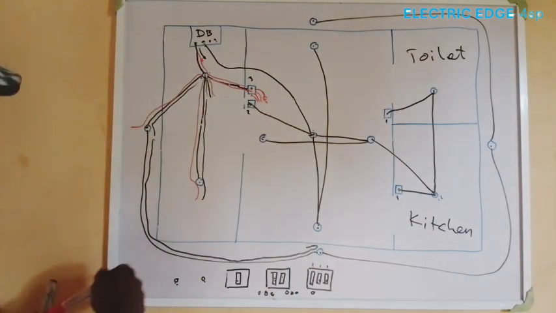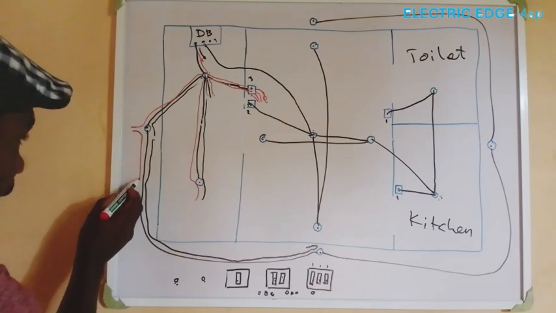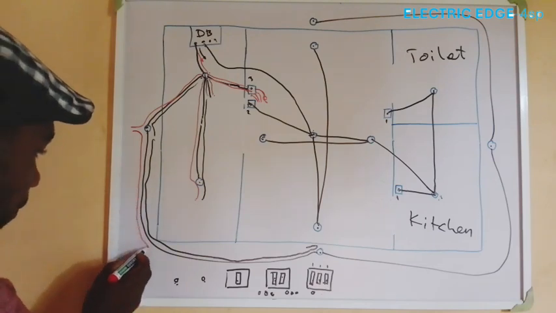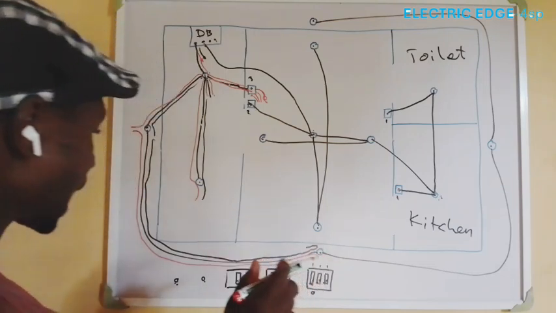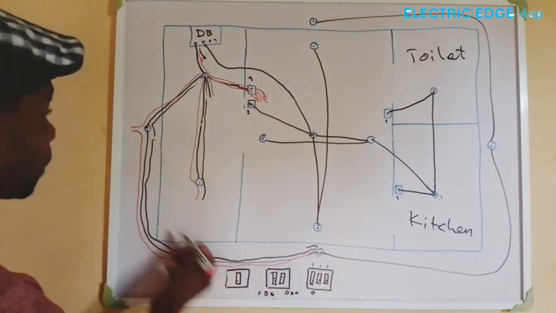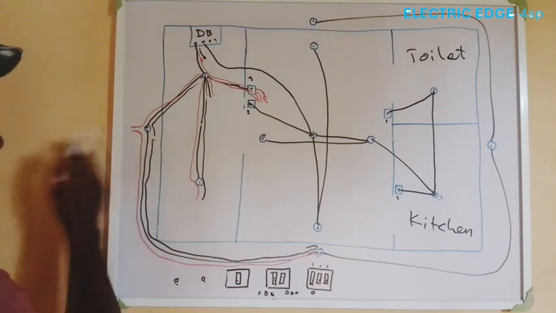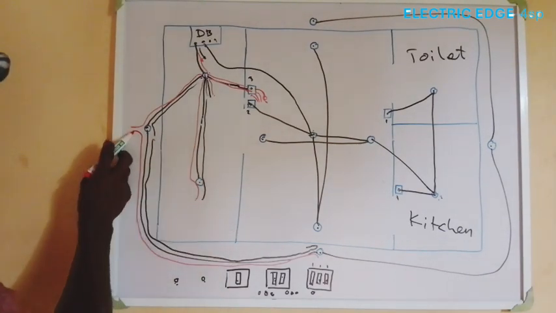While this red is going to continue from here, our red will continue from here inside this pipe to this point. And don't forget that when you put your fishing tape here, your fishing tape is going to take red and black at the same time. You will not take them single, you will not take them one at a time.